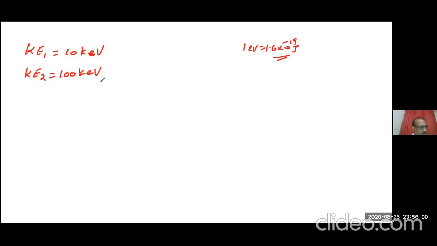Obtain the ratio of their speeds. Mass of electron is 9.1 into 10 to the power minus 31 kilogram, and mass of proton is 1.67 into 10 to the power minus 27 kilogram.